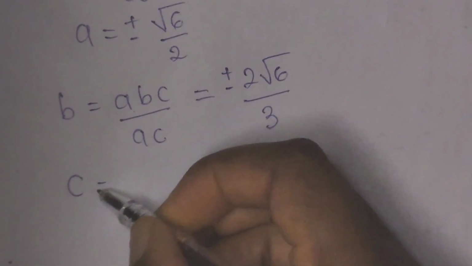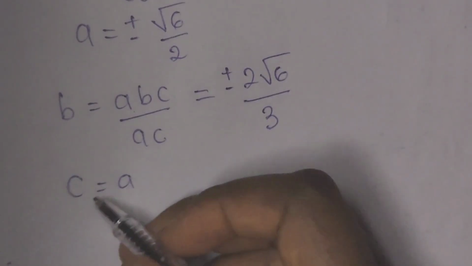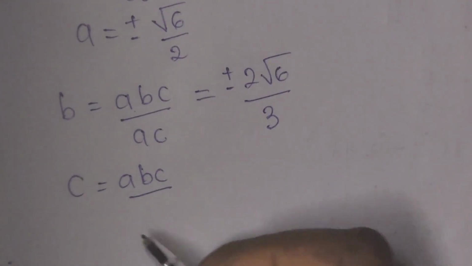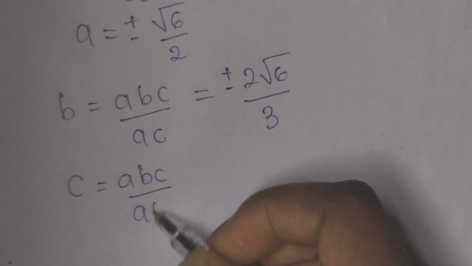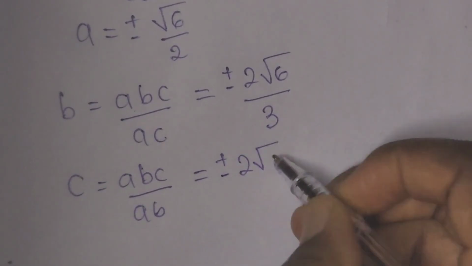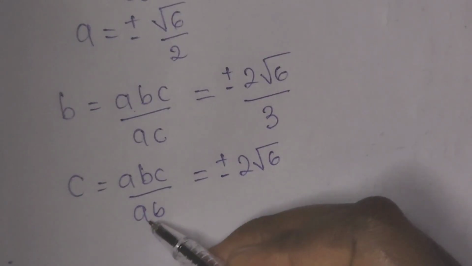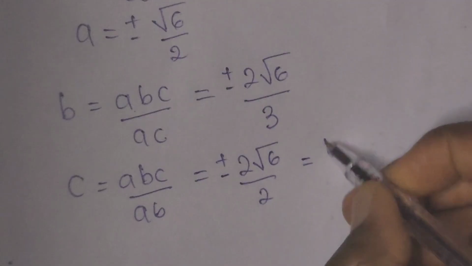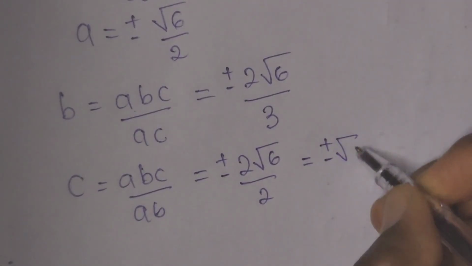So our C will be equal to ABC all over AB, which is plus or minus 2 root 6. Our AB is 2. So this is equal to plus or minus root 6.